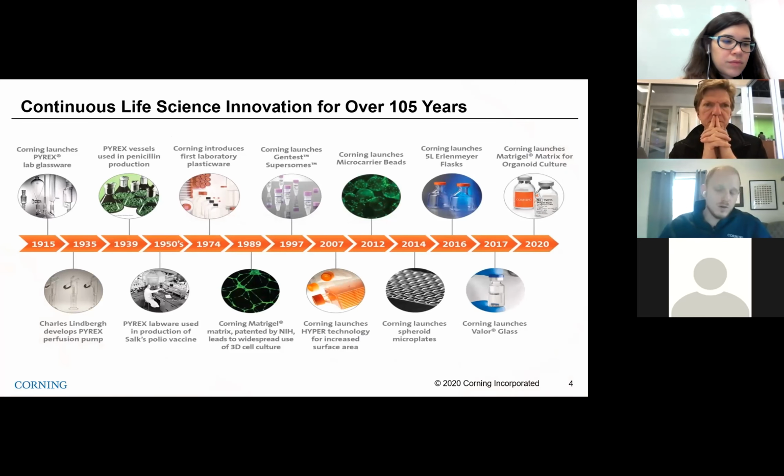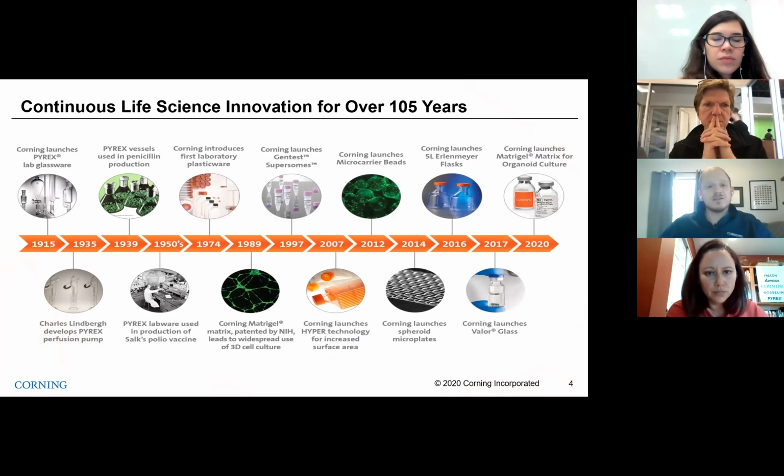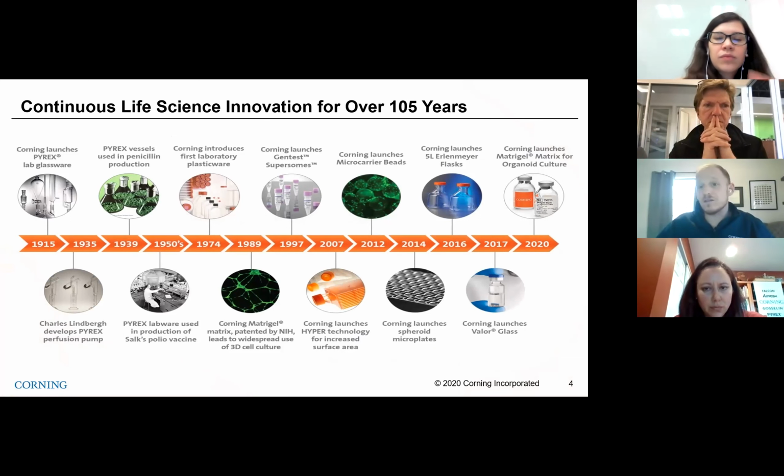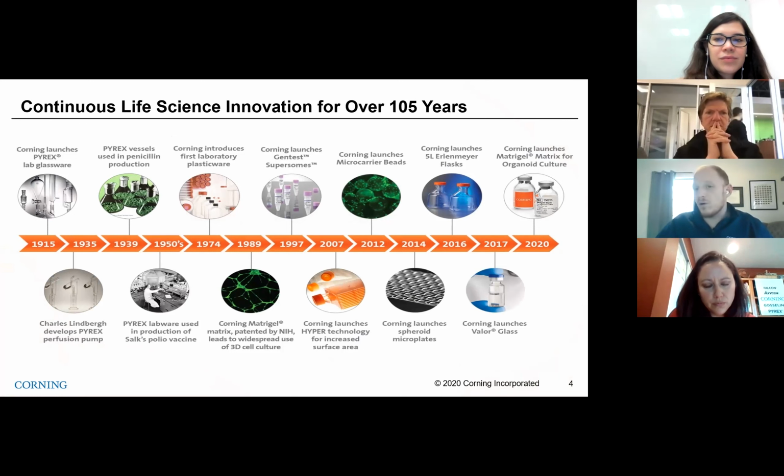Just a quick brief intro on Corning Life Sciences. Corning's been around for a long time. Our life sciences presence has been around for over 100 years. And some of the first brands that we had focused on life science workflows were things like Pyrex glass.